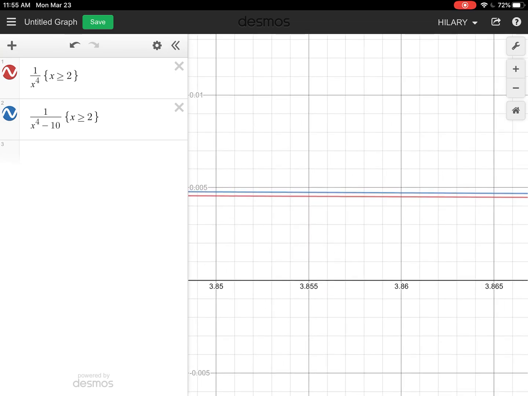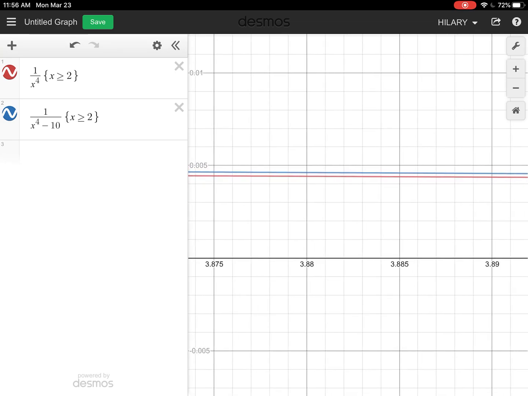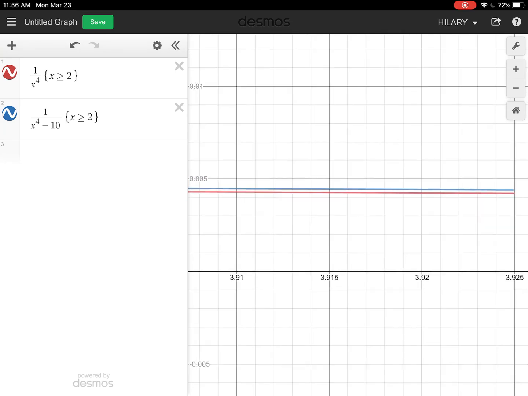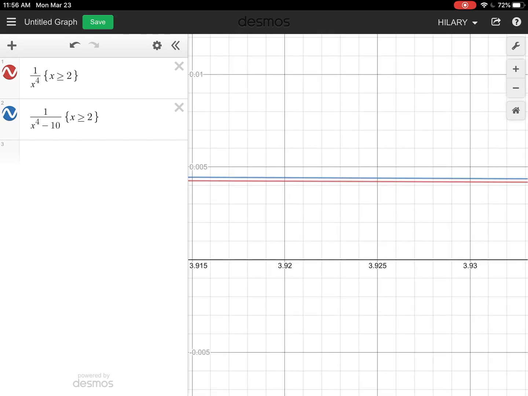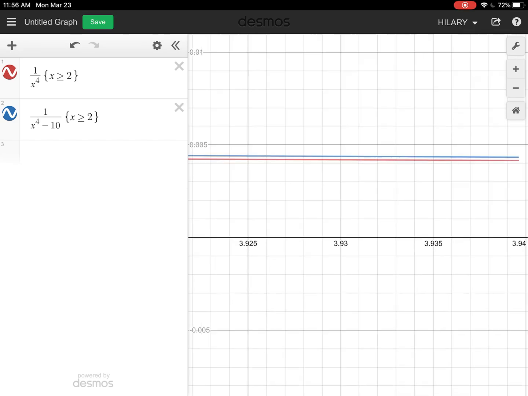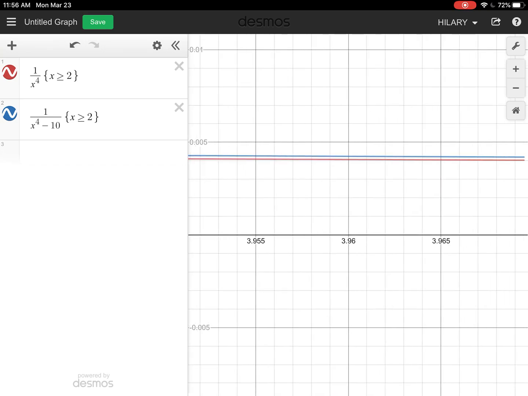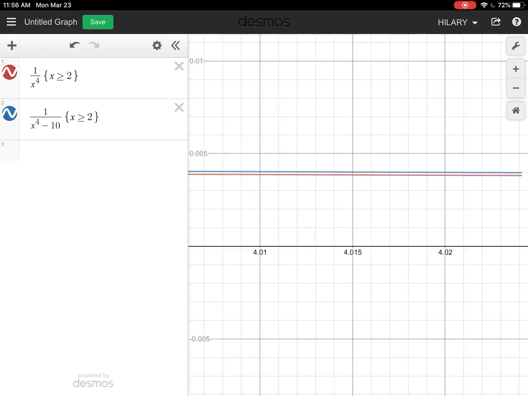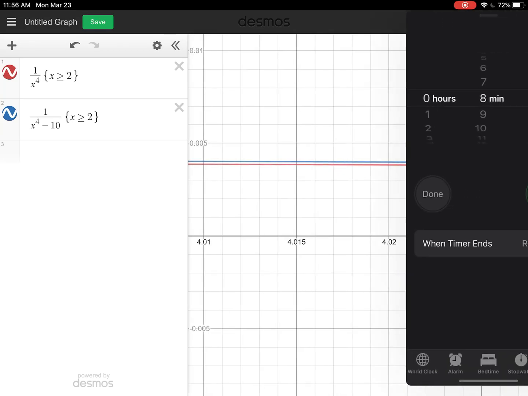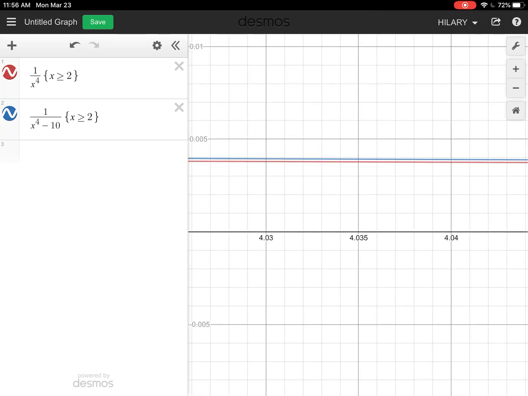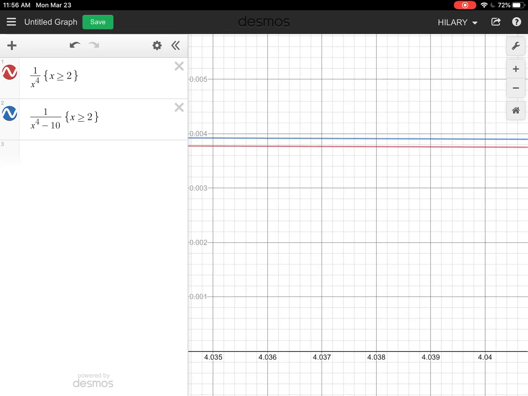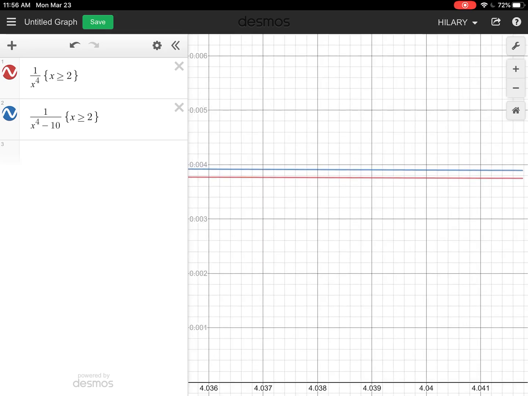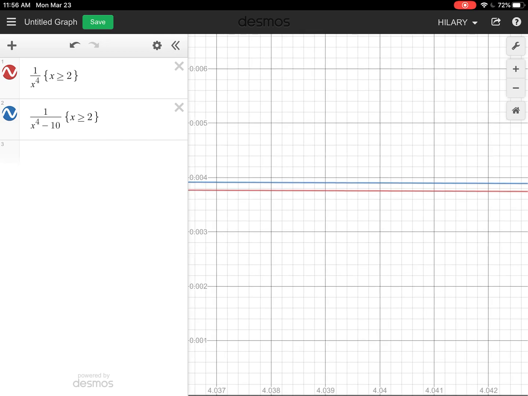Okay, so it looks like the one that we want to show about is actually not a great tool for this, right? Because if we look at it, scrolling out and out and out, or we could make a table on Desmos if we want, but we don't have to, right?